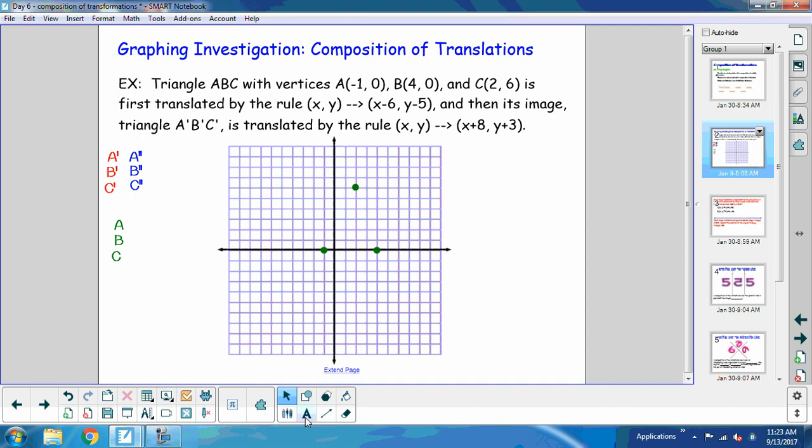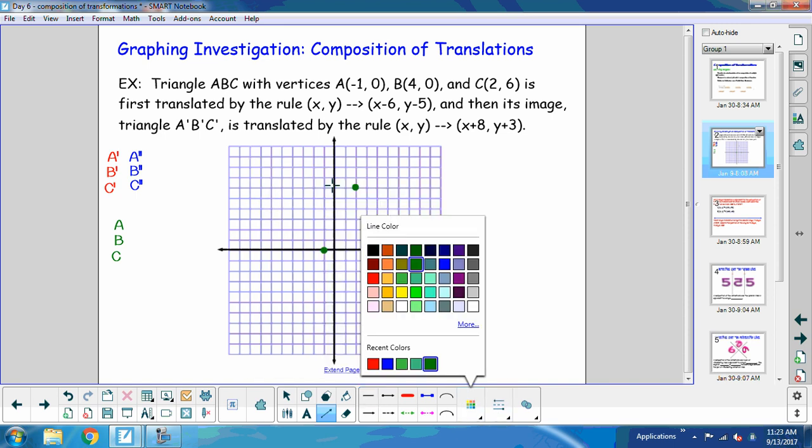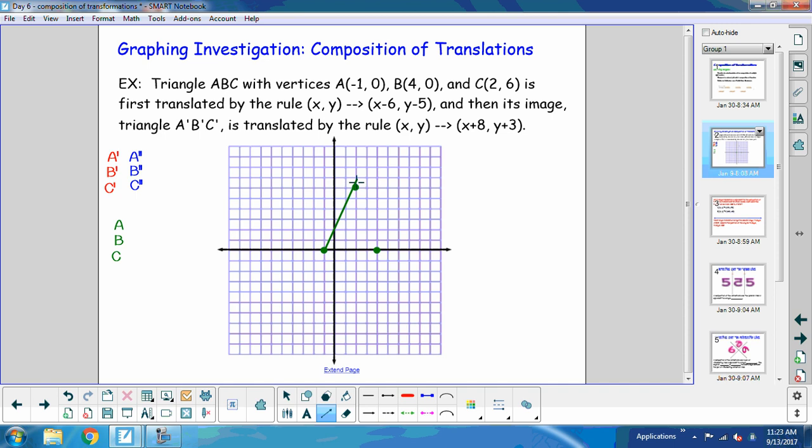I paused the video to make my points a little bit darker there. Now I'm going to draw this triangle in and label my points as A, B, and C. So there's my triangle. We have point A, point B, and point C.